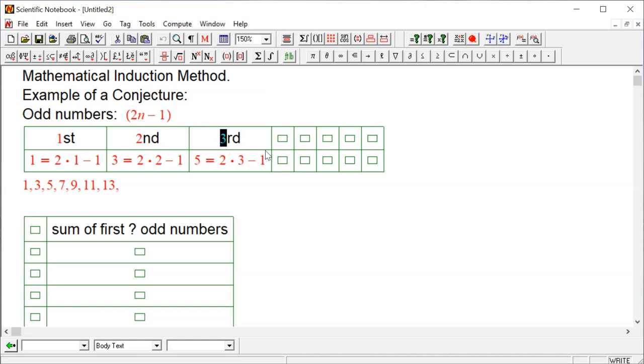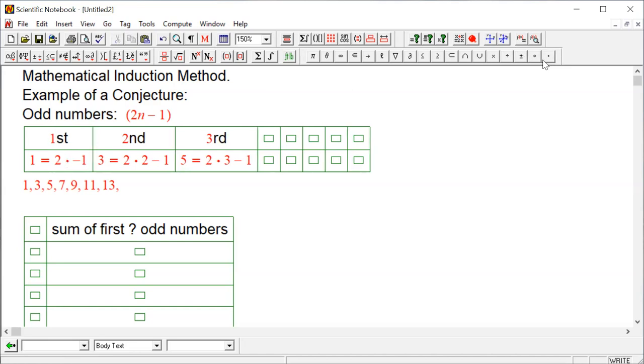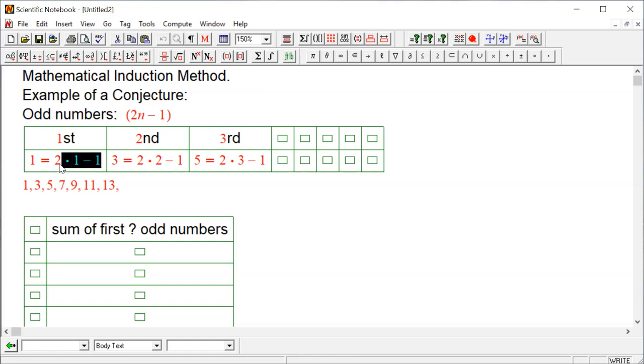Let me show this to you again. You use this pattern. For the first one, we take 2 times 1 minus 1.